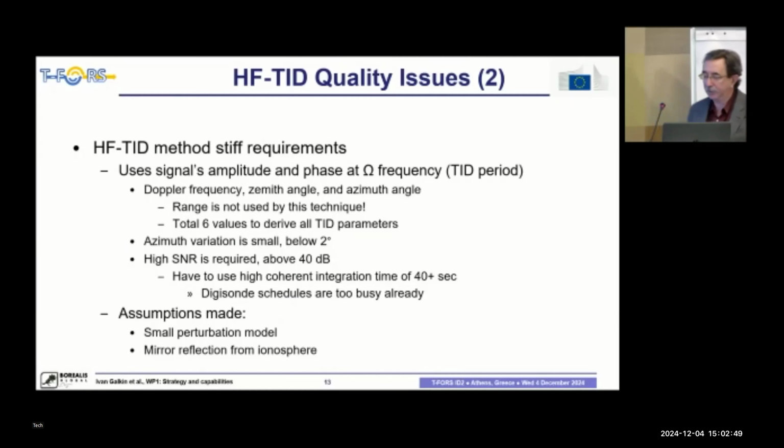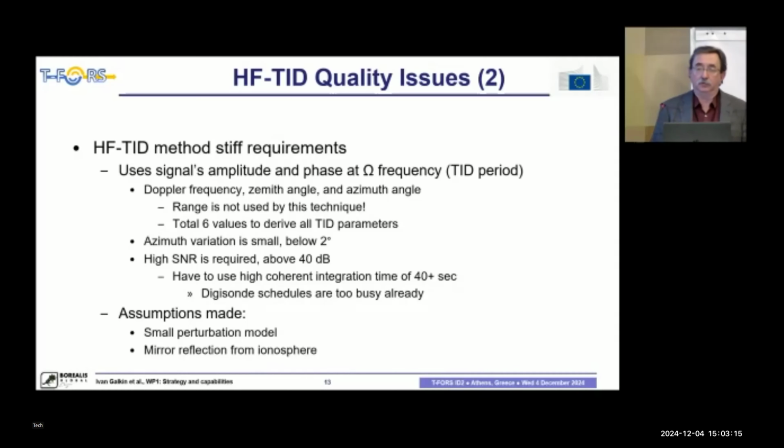So hopefully we'll, and I'm almost at my last slide for today. So there are requirements on the signal to noise ratio. The signal to noise ratio must be above 40 dB. With our typical ionogramming at 10 dB, 15 dB, great.